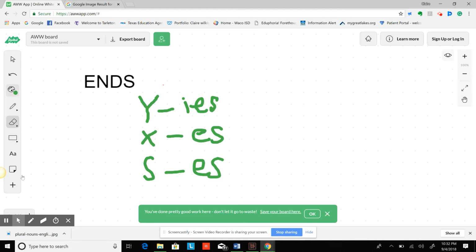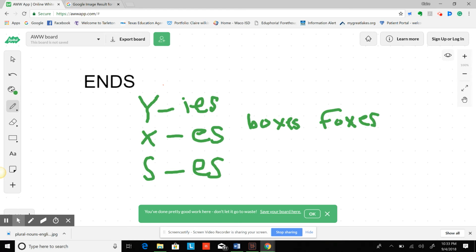Coming down here to boxes, or with the noun ending with X. These are words like box, fox. So let's take box and fox. If we wanted to make it plural, we cannot just add the S. We have to add an ES in order to make it plural.